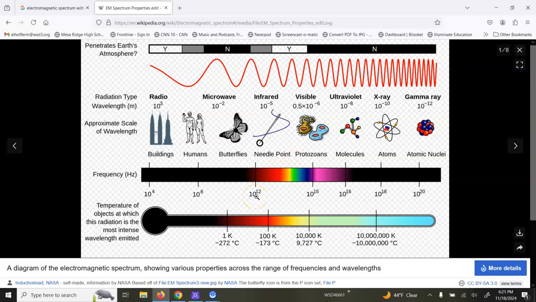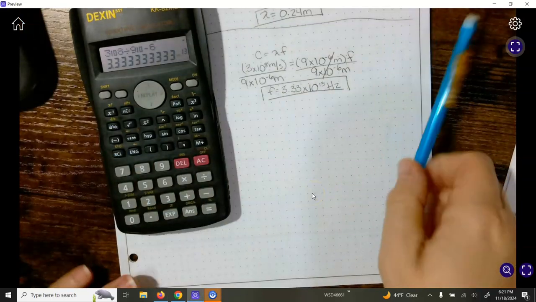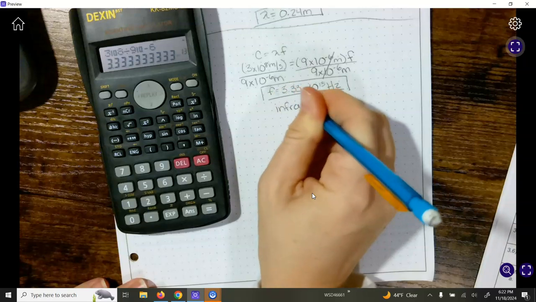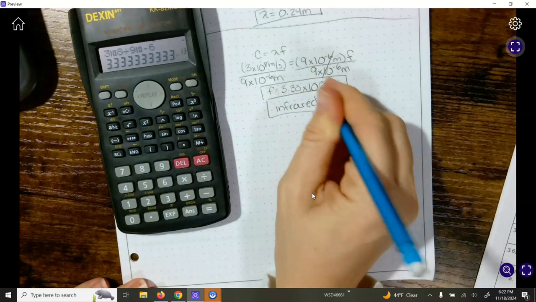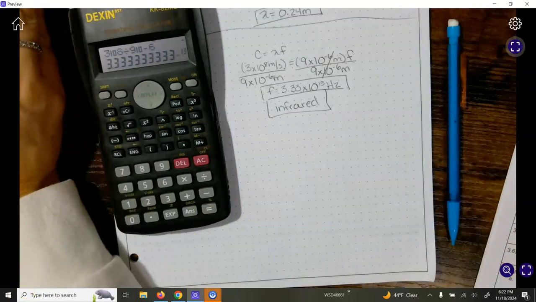We're in between 10 to the 12th and this red color right here. And if we take a look, that's infrared. We emit infrared, and that makes sense as humans. So we come back over here, and conceptually we can say this is infrared wavelength and frequency. That is 2.11.